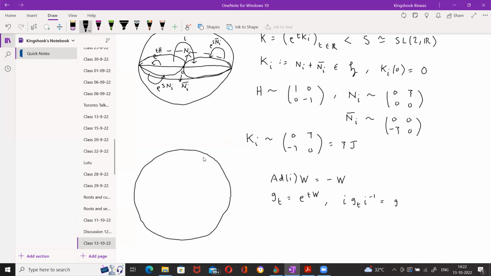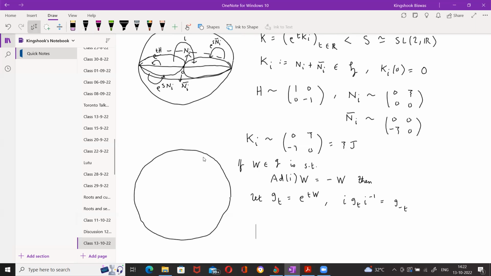So this will be g_minus t. Is this clear? So now I'm just saying if W in script G is such that ad I of W is minus W, let g_t be e to the tW, then I g_t I inverse is g_minus t. Now using this, we can classify what this g_t will look like.